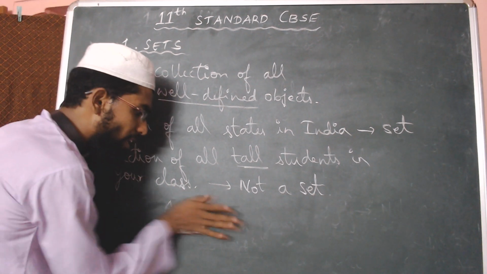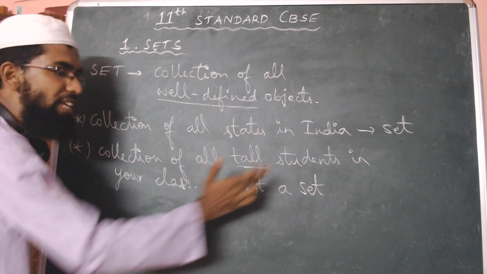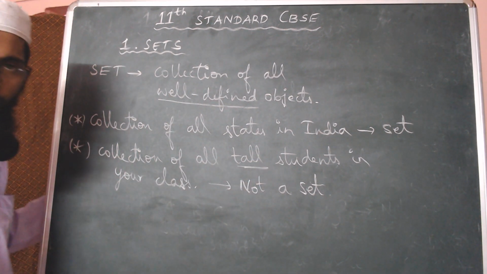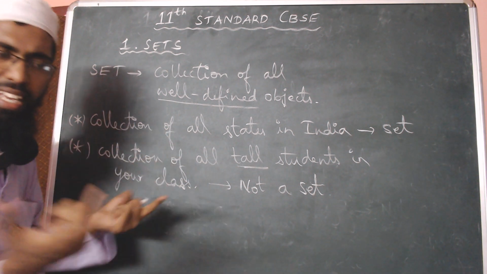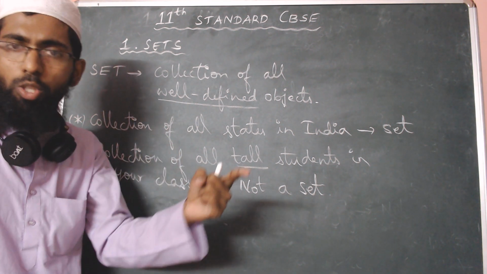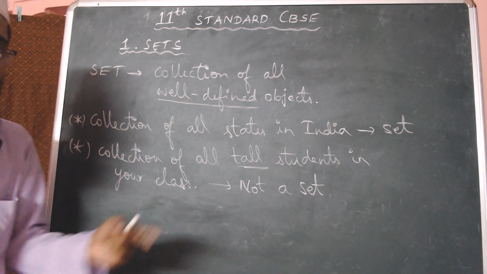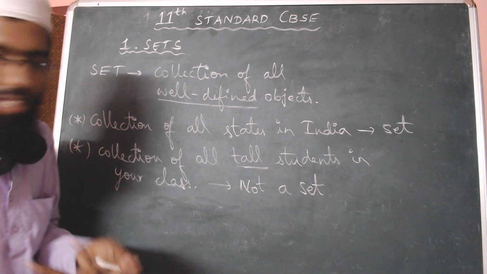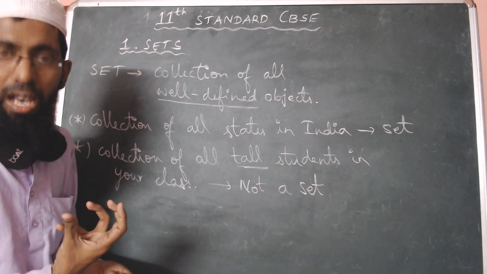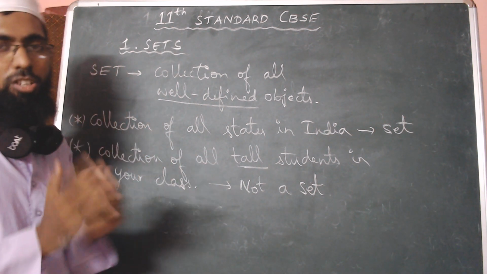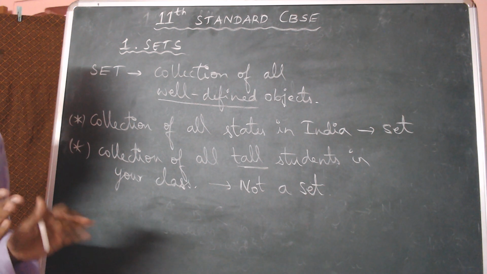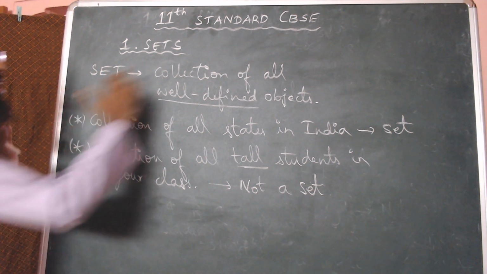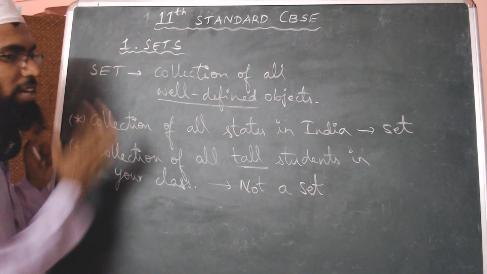So the definition of the collection given must be clearly defined. Here it is clearly defined: if I take any element, I can tell definitely whether it belongs to the set or not. But here I cannot tell. So a collection of well-defined objects we call a set.